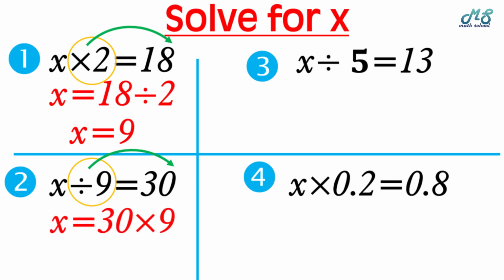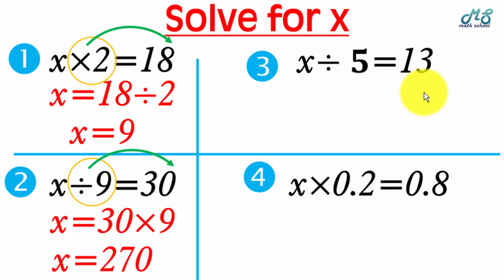Now x equals 30 times 9. We can find the value of x mentally. How can we multiply 30 by 9? Just multiply 3 by 9 equals 27 and bring down 0 in the ones place. Now x equals 270.